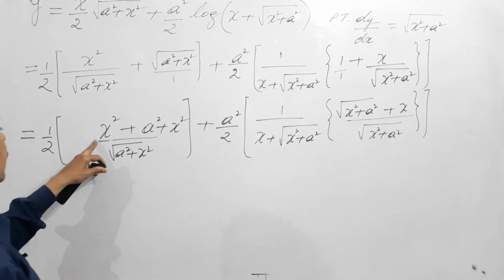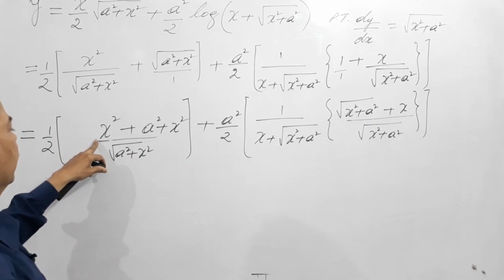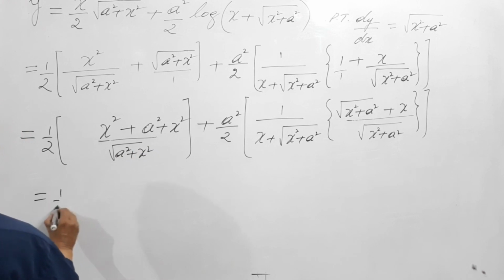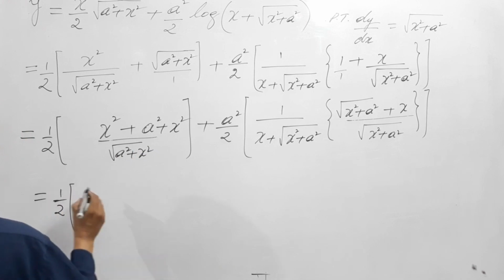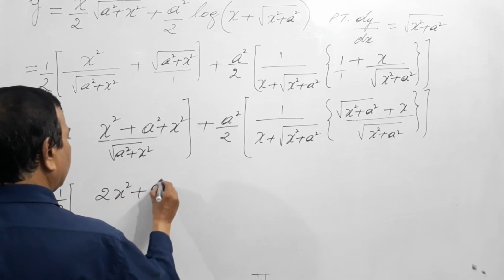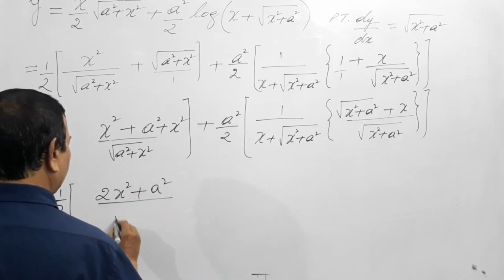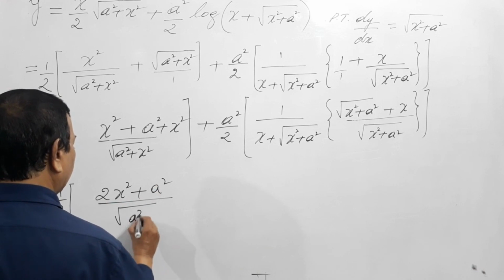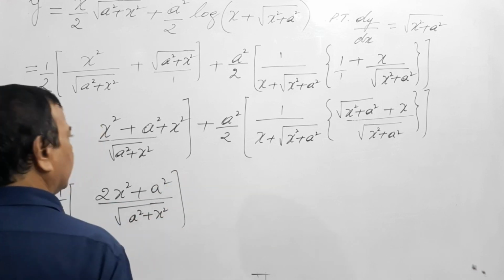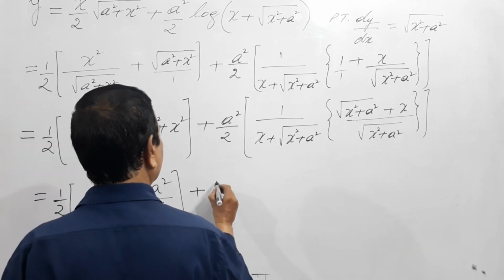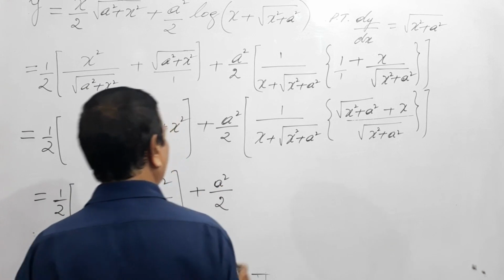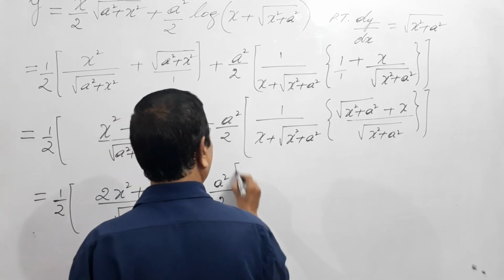So here we are left with what? 1 x square plus 2 x square, that is 2x square plus a square by under the root a square plus x square, plus a square by 2.